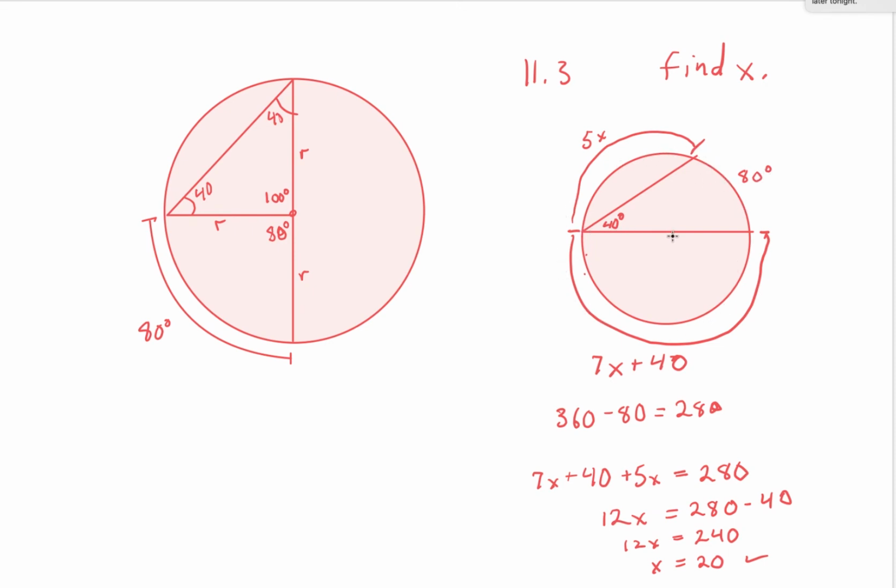Remember, a straight angle, the diameter is going to be 180, so that's only half. The full degree is 360. So we subtracted 80 from 360 to take out this portion that wasn't included. And then 280 is what this plus this had to equal. And then we just solved for x.